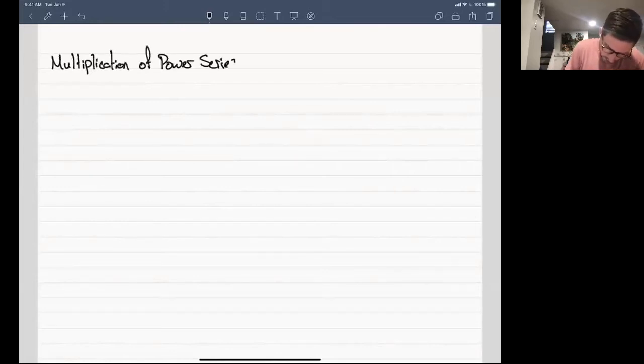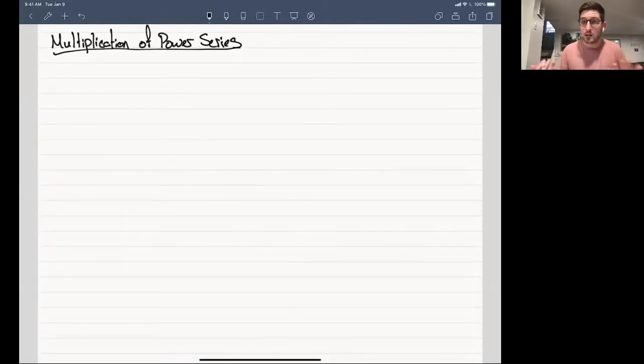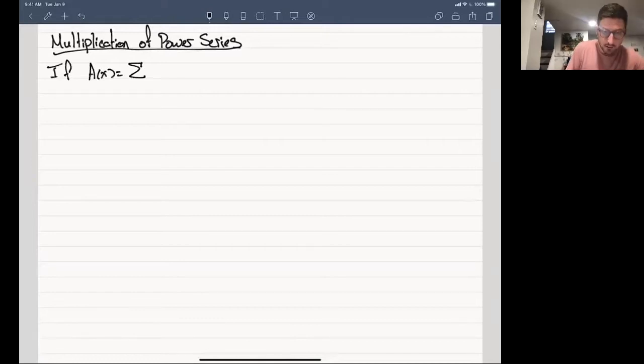Basically, we're going to assume that we have two power series. We ask ourselves what happens if we multiply them together. So let's say capital A of x is a function given by a power series, from n equals 0 to infinity of a_n x to the n. We're going to center these things at 0 just to make our lives simple. You can center them at any value and it'll still work.